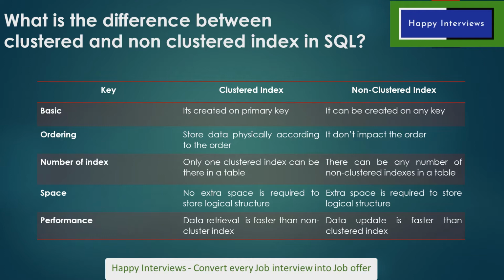Whereas non-clustered index should be used when we have to perform updates on the table. It can be set on any key, it can be in any number, and it doesn't impact the order. Also, for non-clustered extra space is required, whereas for clustered index no extra space is required.